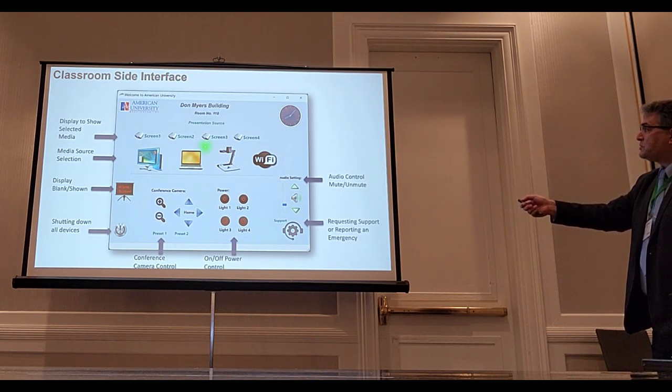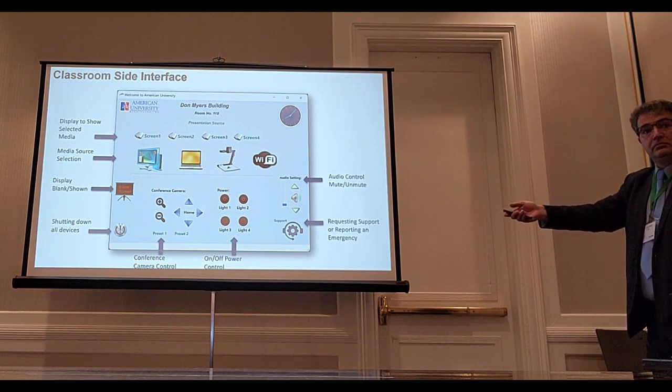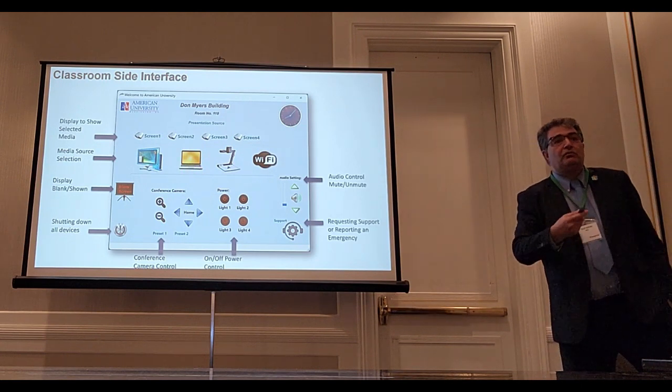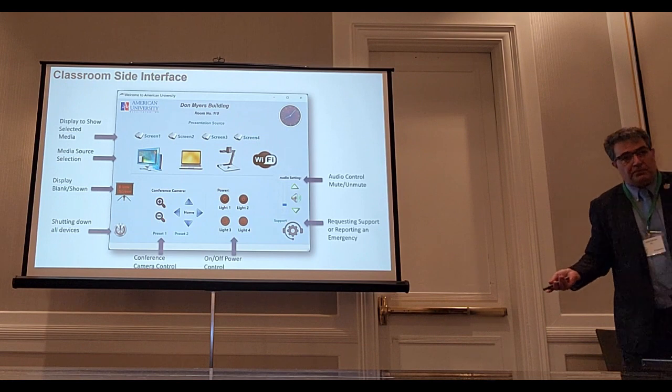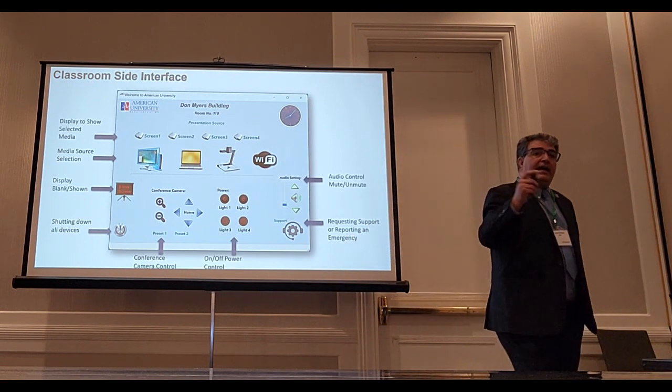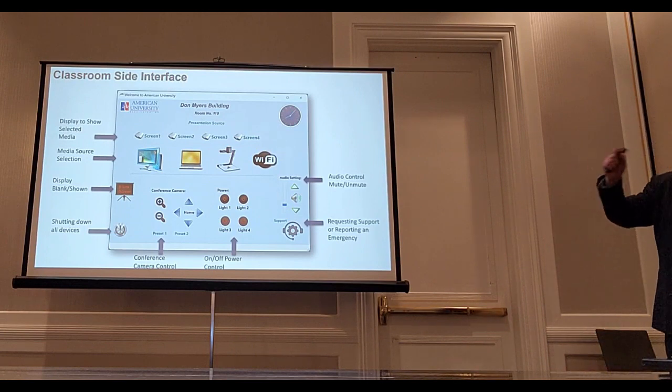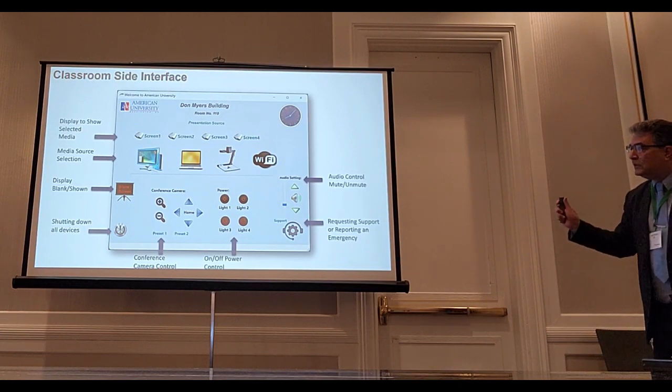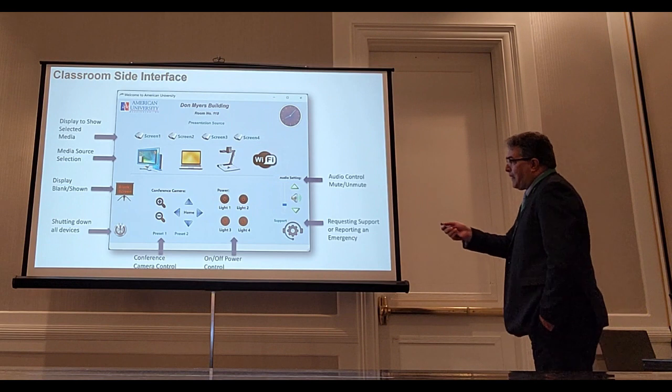Or you pick, for example, source 4, and you say, for source 4, I want the document camera, and for other sources 1, 2, and 3, I want my laptop. All right? So based on the requirements of your presentation or your collaboration classroom, you can do whatever you want. You want to reverse it or whatever.